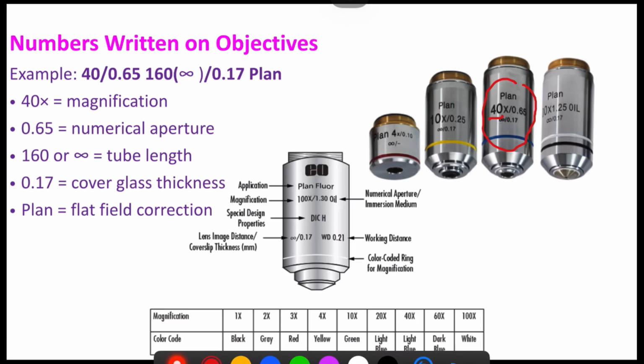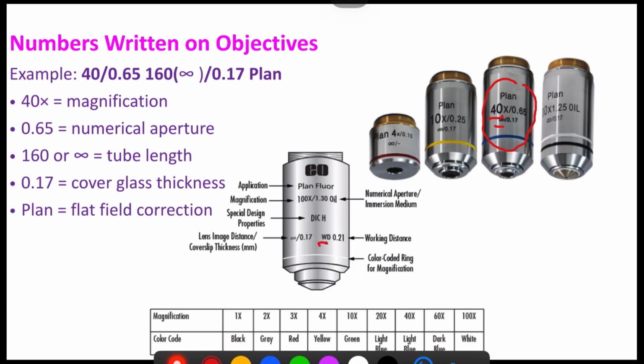What is that? We will discuss later on. Then the symbol infinity, or 160, denotes the tube length. 0.17 is the cover glass thickness we use on the slide for mounting purposes.